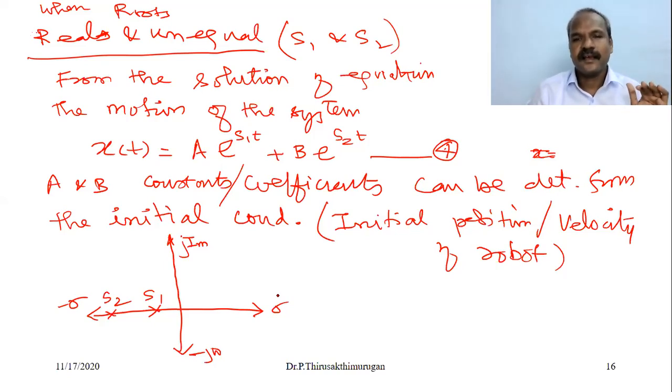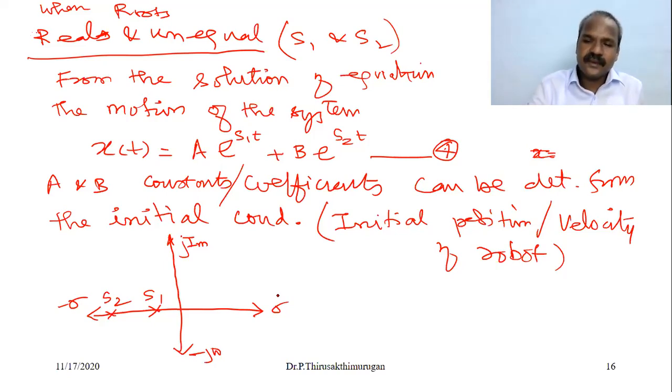That's why the other pole is called the dominant pole. The same notion of dominance extends to higher order systems. For example, a third order system can be studied as a second order system by considering only two dominant poles.